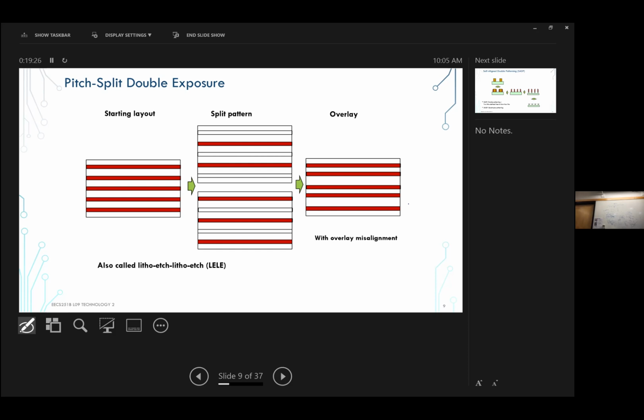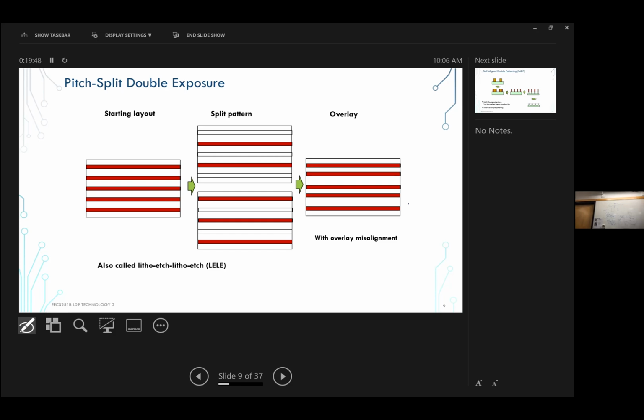You need to print a lot of dense features of the chip beyond the resolution limit, beyond the pitches that are possible with optical lithography.